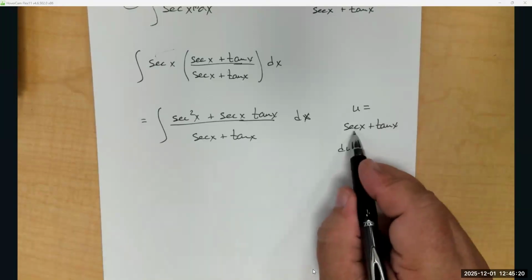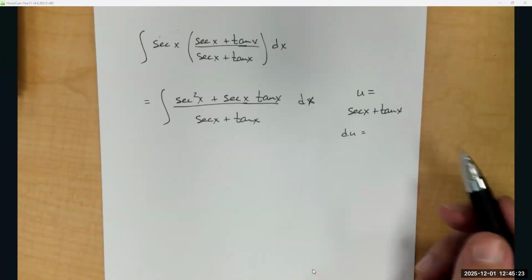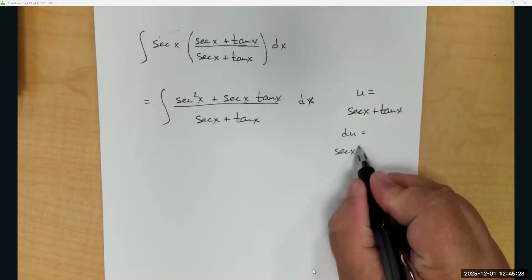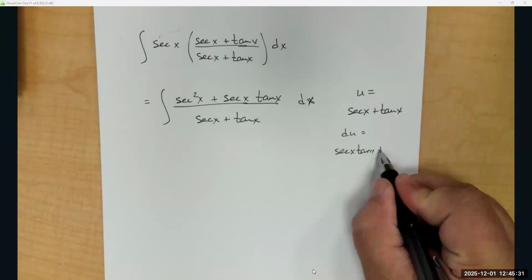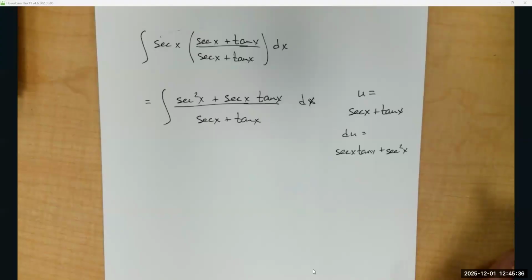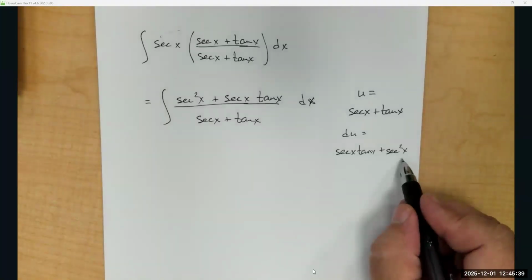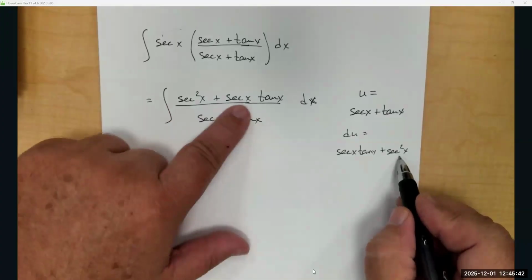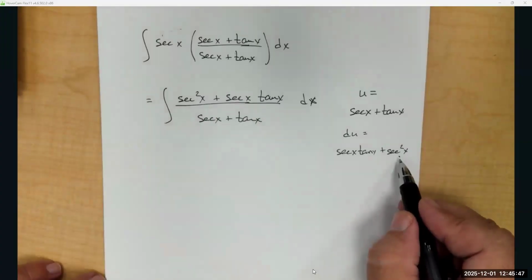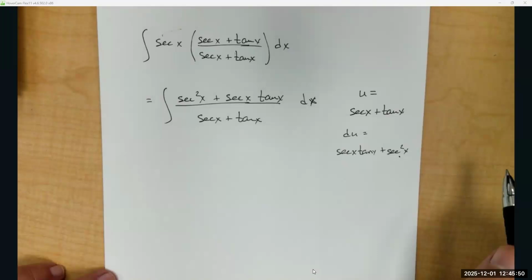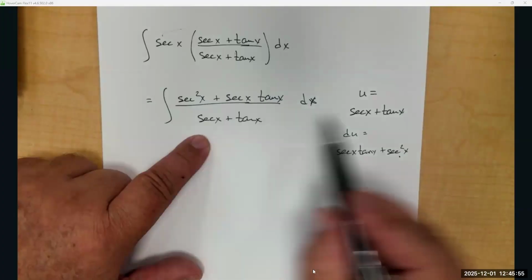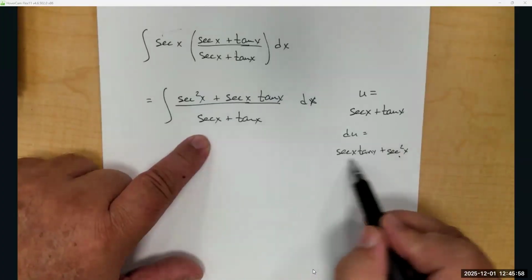What's the derivative of secant? And the derivative of tangent x is secant squared plus secant tangent. So if we set this as u, the derivative of secant is secant tangent.